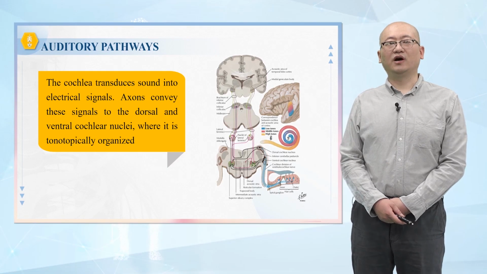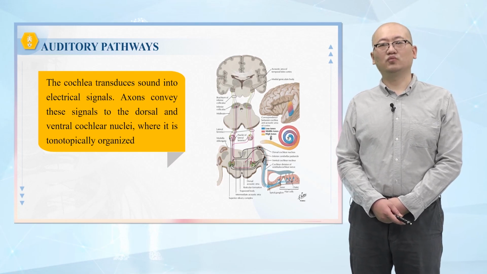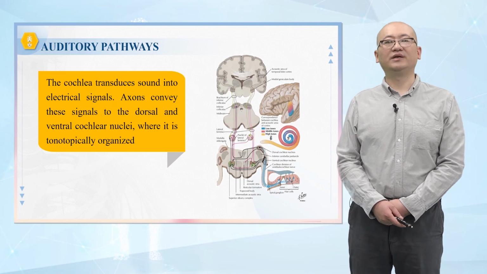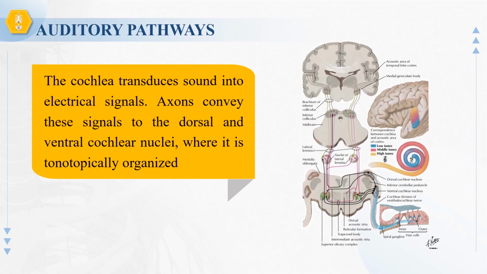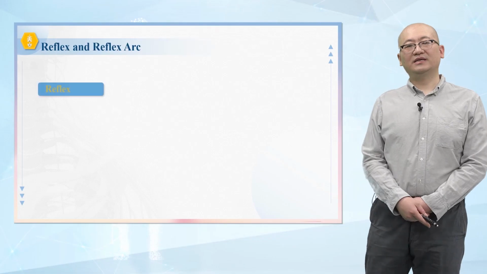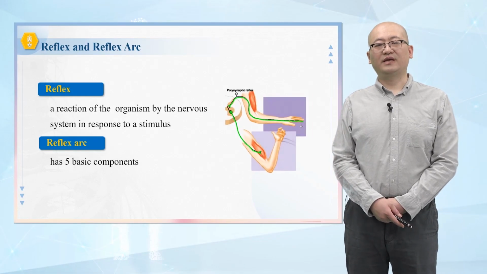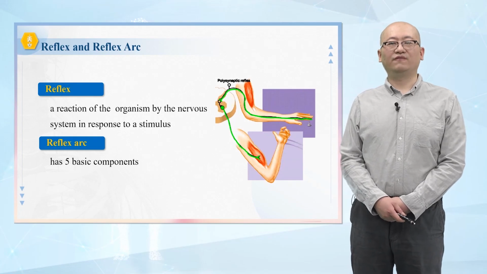Following a series of integrated relay pathways, the ascending pathway projects to the thalamus, which we call the medial geniculate body, and then to the acoustic cortex in the transverse gyrus in the temporal lobe, where information is tonotopically represented. The last topic is reflex and reflex arc.